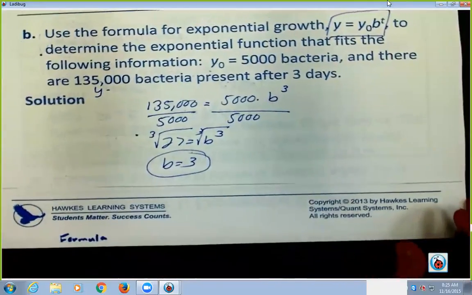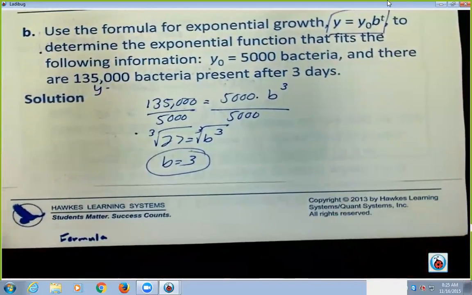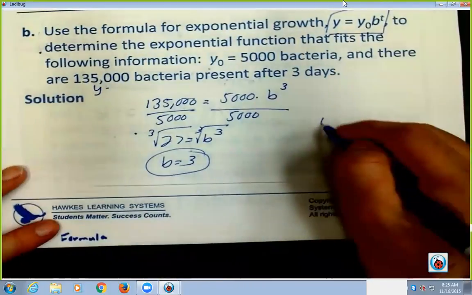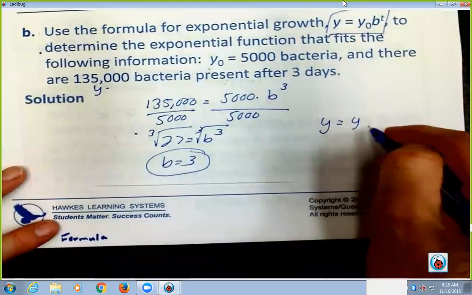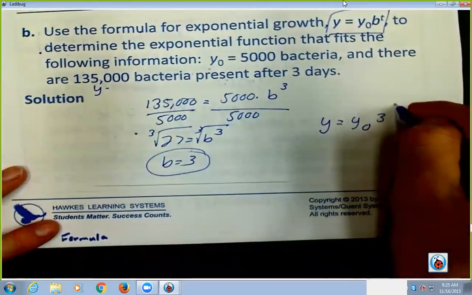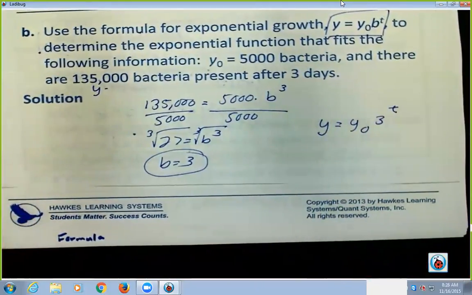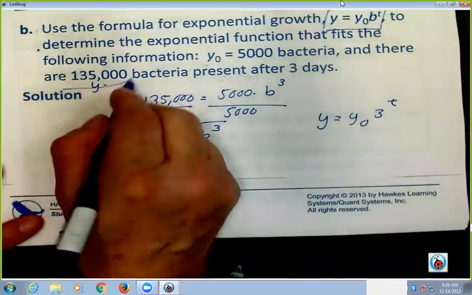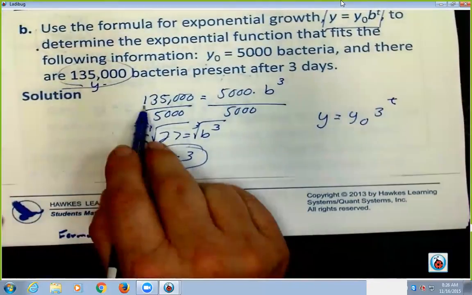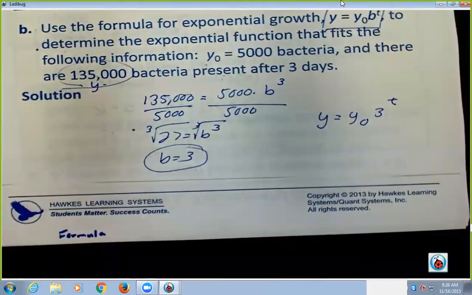So we have a 3 as our exponential base. So our formula would be y equals y subscript 0 times 3 to the t power. So we were locating what b happened to be in this case. So it's a little different because I knew what my value would equal. So that was on this side.